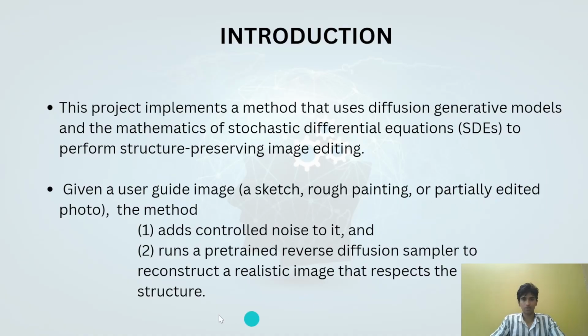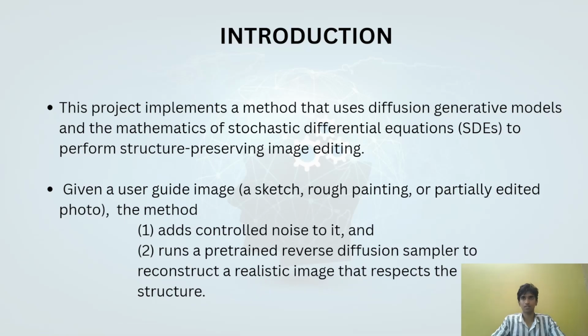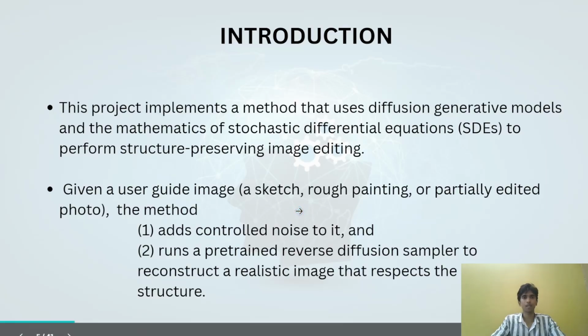It adds controlled noise to it, and then it runs a pre-trained reverse diffusion sampler to reconstruct a realistic image that respects the input's core structure. The final image that I would get from this would be much different from the initial sketch, or would be similar to the initial sketch, depending on some parameters which I will explain in the code.